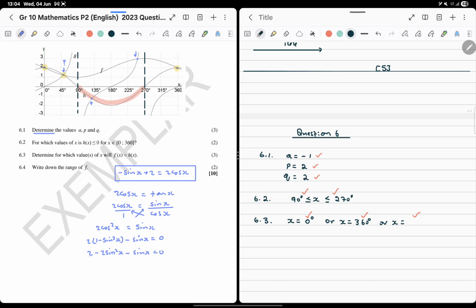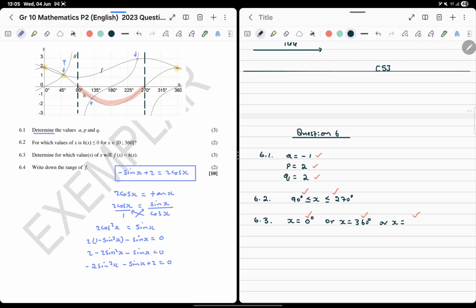And of course we put this in ascending order of the powers. Sine squared is a power, base being sine and the index being 2. So this is minus 2 sine squared x minus sine x plus 2 equal to 0.